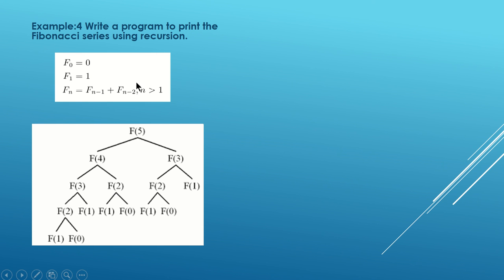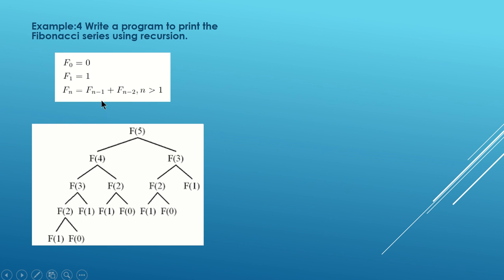The next element can be written as the sum of the previous two numbers, that is f of n is equal to f of n minus 1 plus f of n minus 2. So if the n value is 2, the second element is the sum of the first and the 0th element, right?